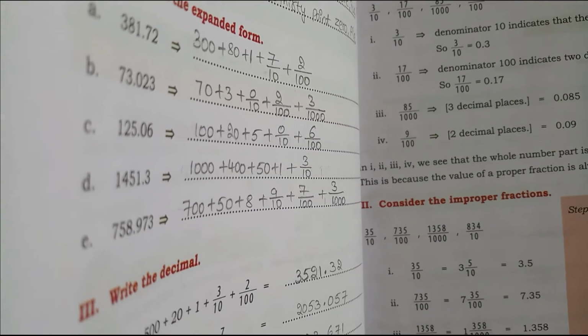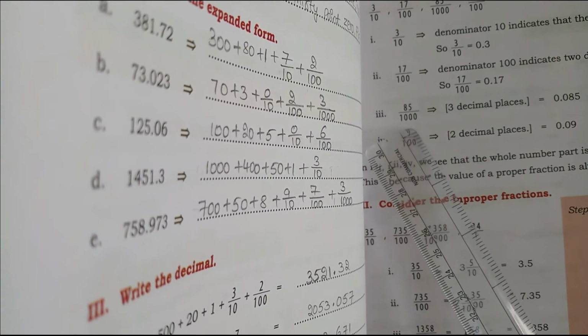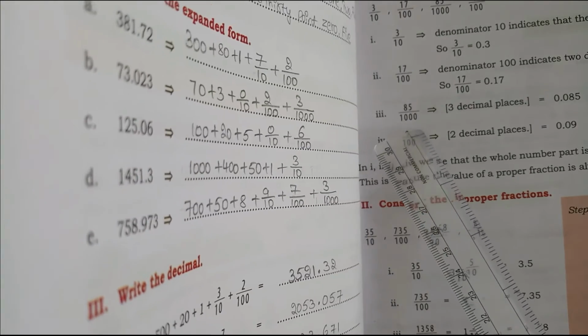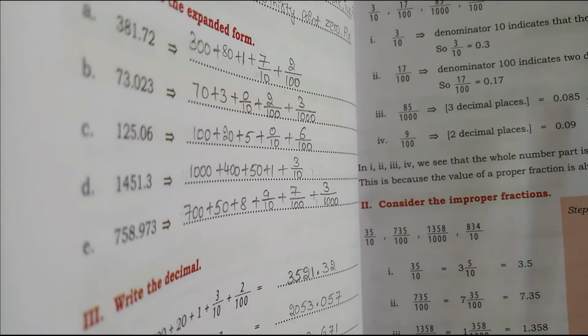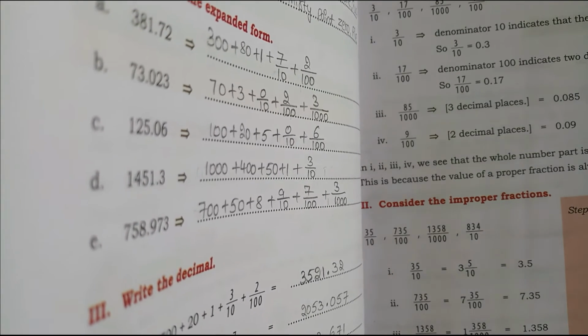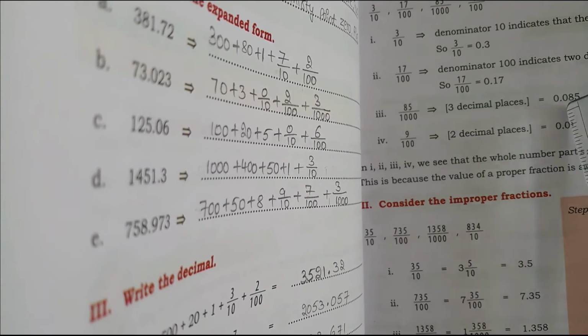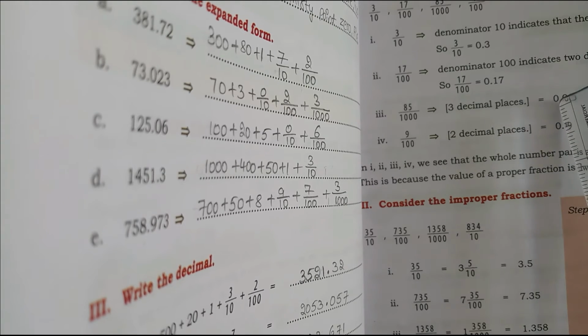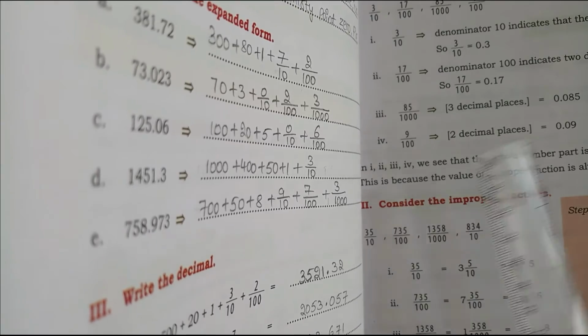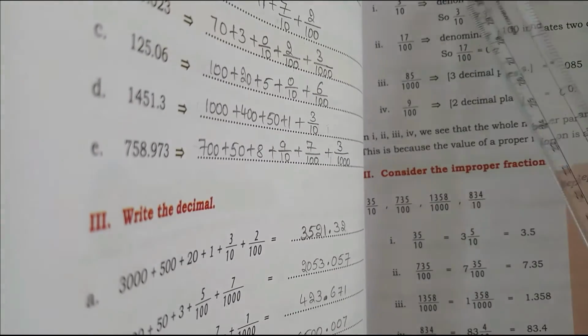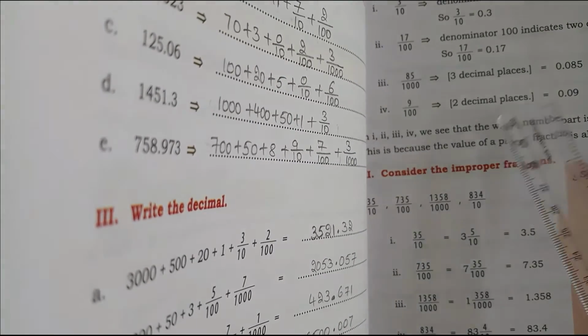That means 0.17. Now in the third number, the question they have given is 85 by 1000. That means 3 decimal places. That means 85 divided by 1000 is 0.085. We have to count from right to left and give the point. See 58 and then put a point, then 0 comes. The next question is 9 by 100. Two decimal places.